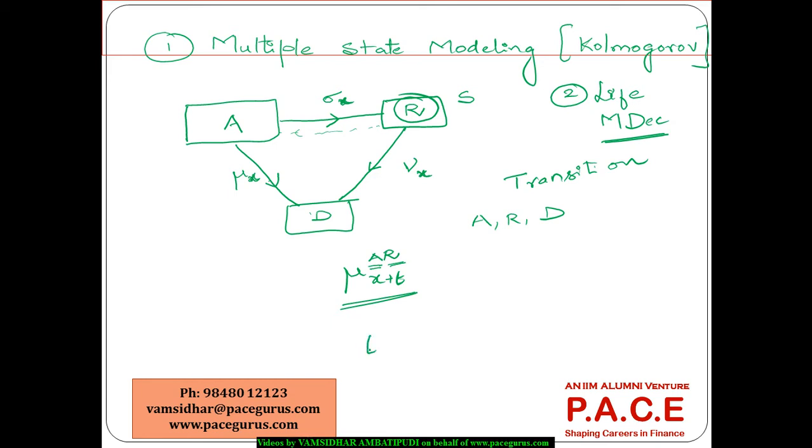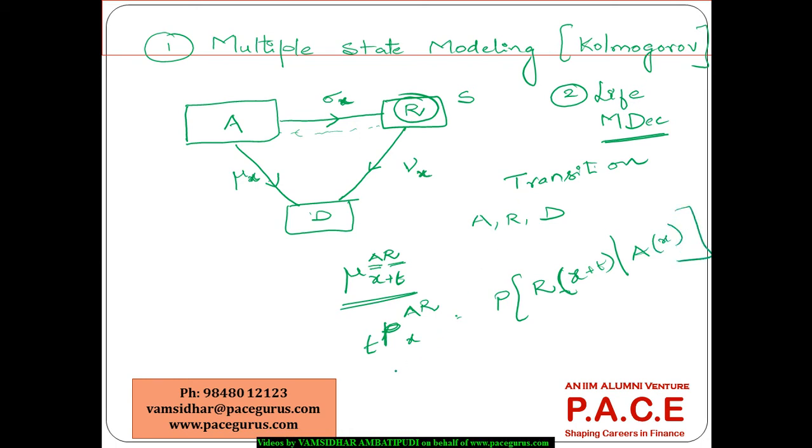Which means if I am supposed to compute t p x AR, it is the probability that a person is in state R at time x plus t, given that he is in state A at time x.